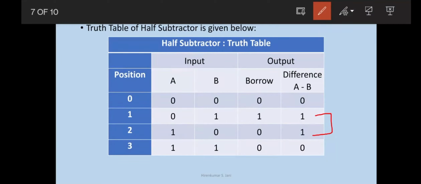For this one, the respective positions are 1 and 2. Thus, in our K-map, we can use these positions 1 and 2 for the 1. Let us draw the K-map. This is just the formation of the K-map.